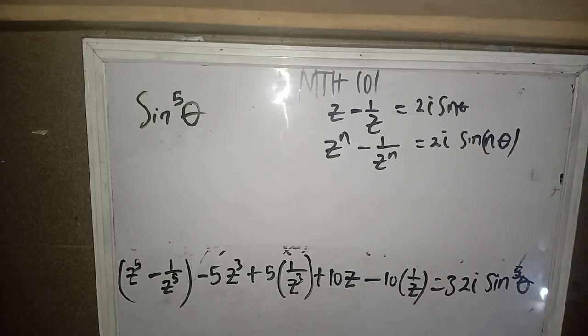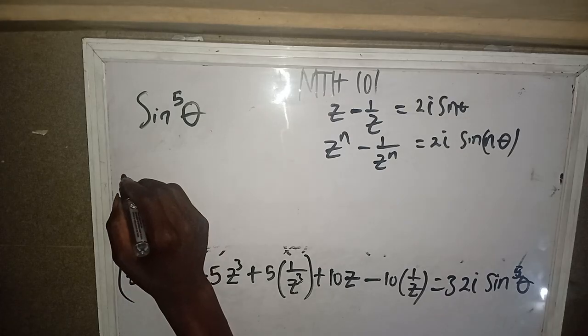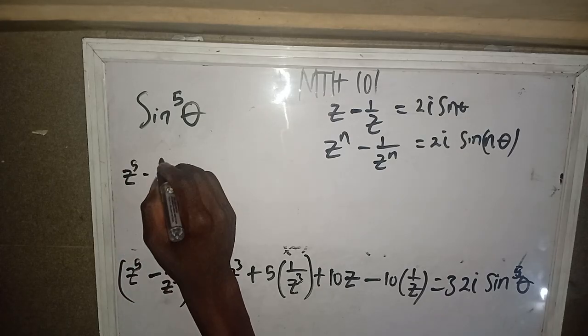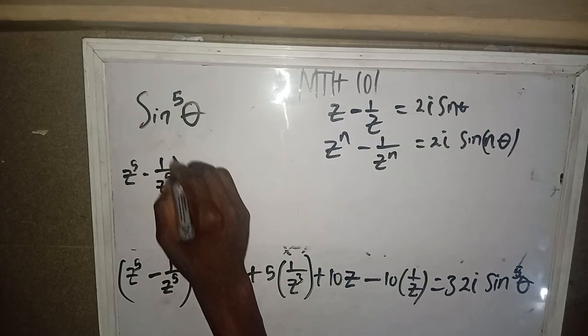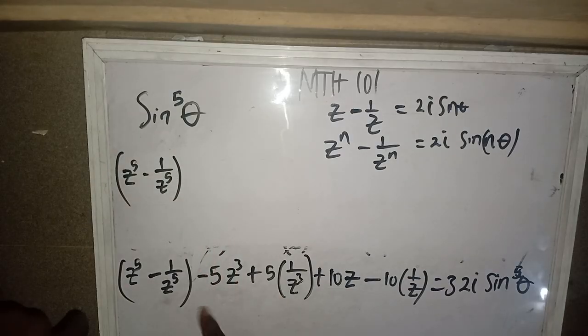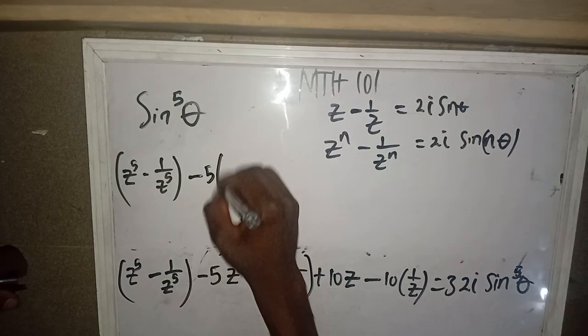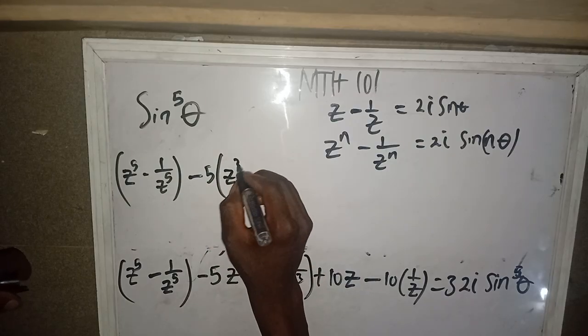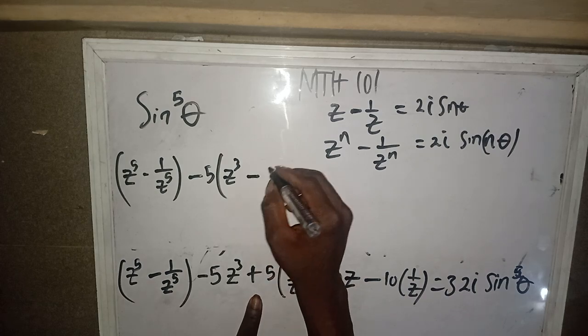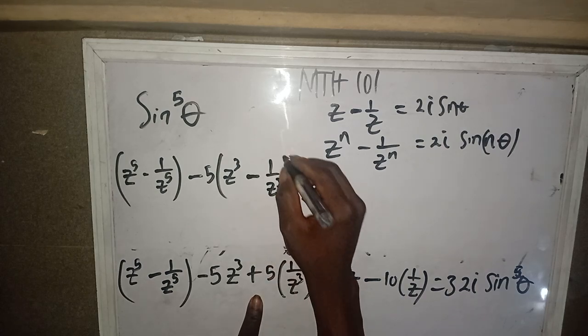So are we together? So now let's rewrite this guy. This is z raised to power 5 minus 1 over z raised to power 5. What is common to these two? 5, right? Bring out minus 5. What we have left here? Z raised to power 3 minus 1 over z raised to power 3.